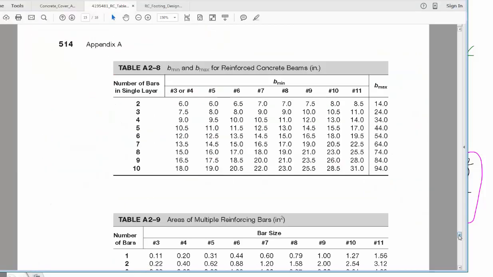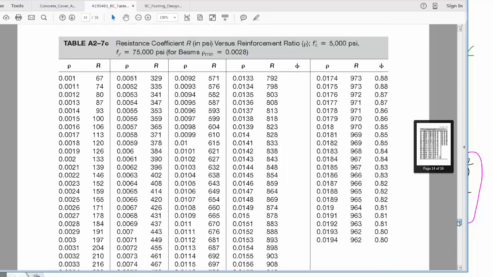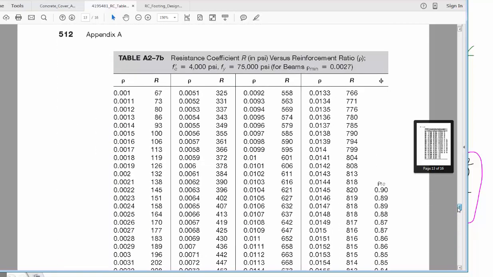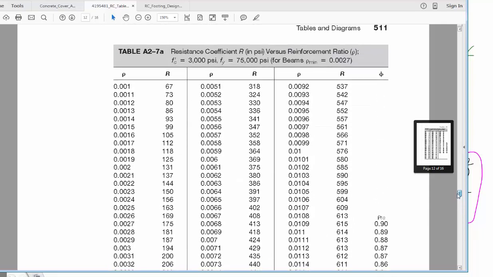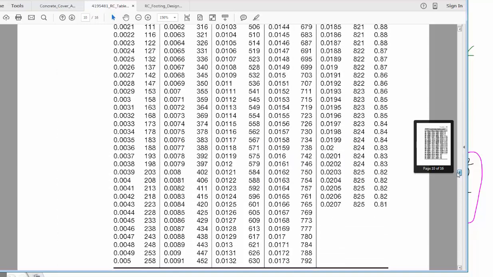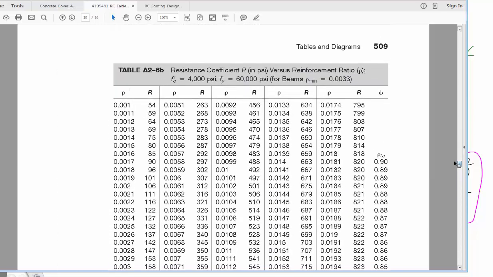So I have a combination of 4000 concrete and 60 steel. 4000 concrete, this is zone.